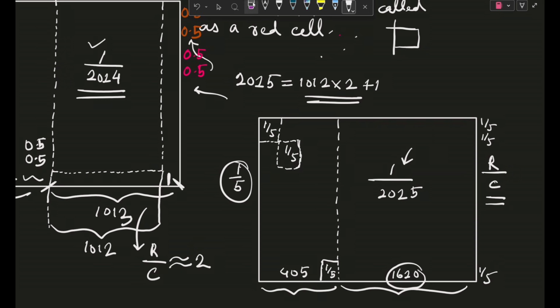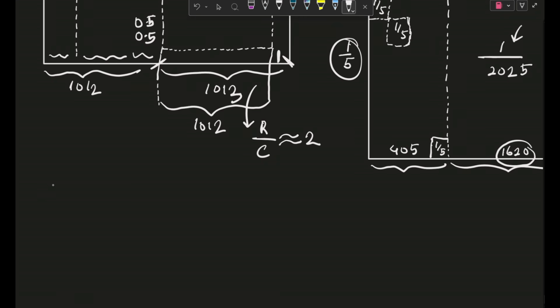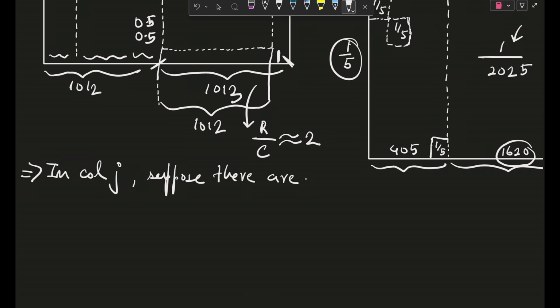So let's do that. Before proceeding further, I want to write down a few statements because otherwise this sum is a bit difficult. If you have things off track, then maybe you would have problems following this. So in column number J, any column number J, suppose there are NJ red cells.